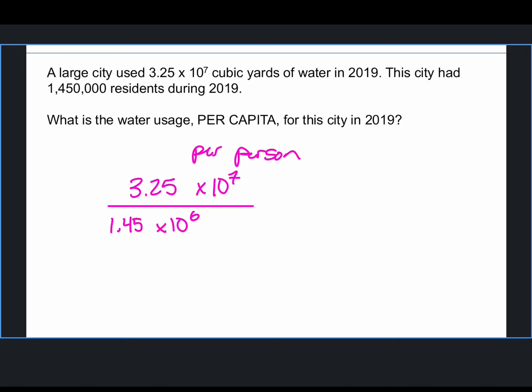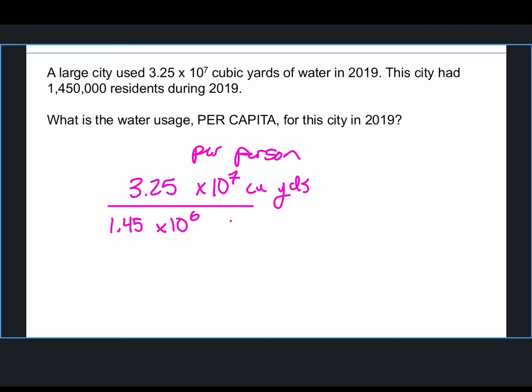Now, you could convert both of these numbers to standard notation and just have numbers. You could convert both of these numbers to scientific notation like we've done here. So that's in cubic yards.